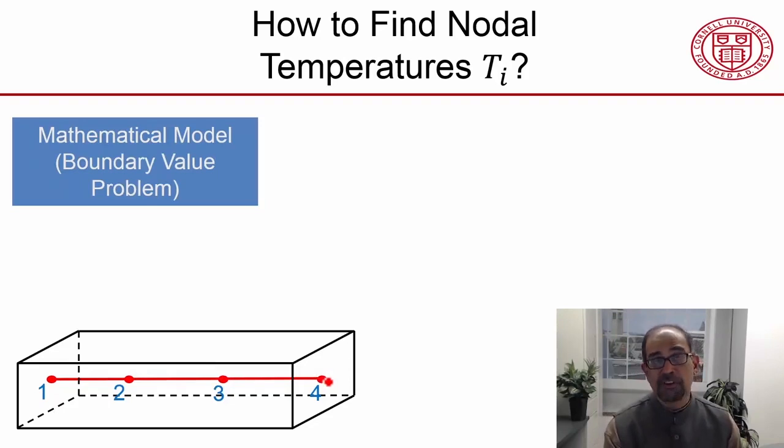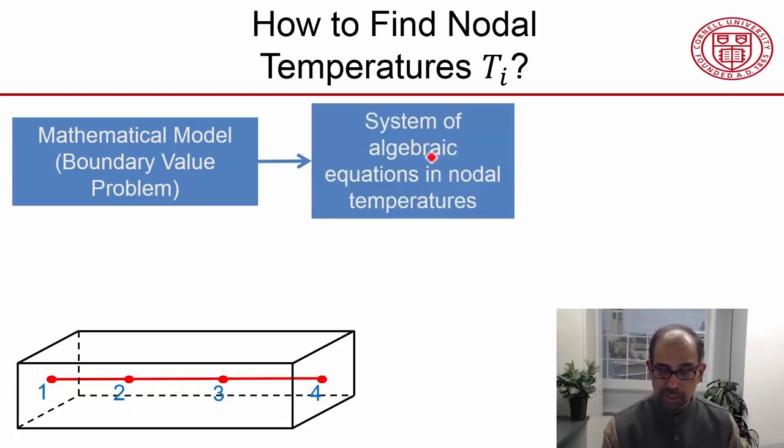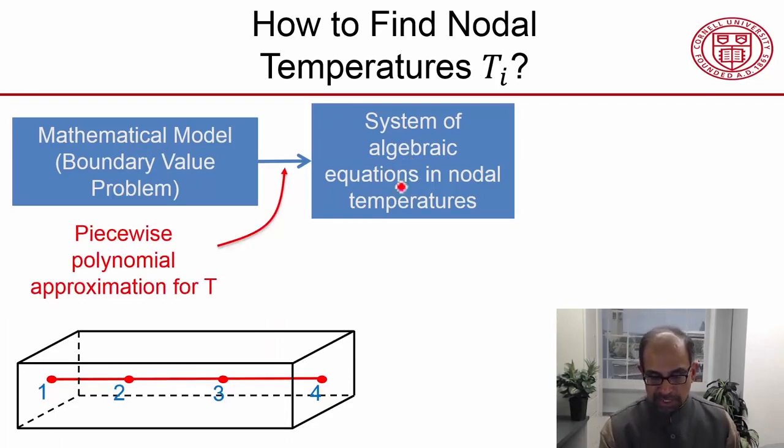and we have our mathematical model, that is the boundary value problem. And so we'll go from the boundary value problem, that's differential equations plus boundary conditions, to a system of algebraic equations in the nodal temperatures. So you're going from a differential equation to a system of algebraic equations. And you derive that system of algebraic equations using the piecewise polynomial approximation for temperature that we saw previously.